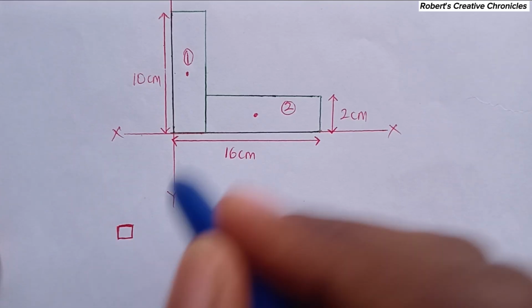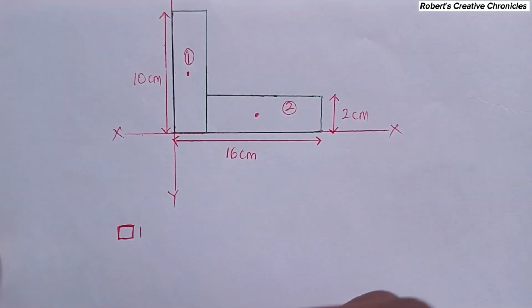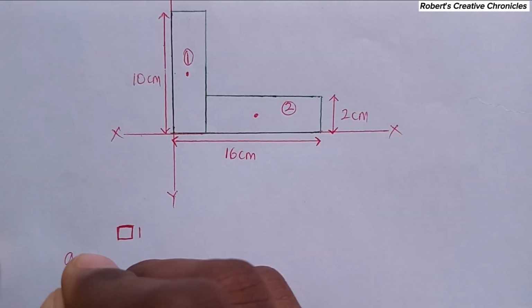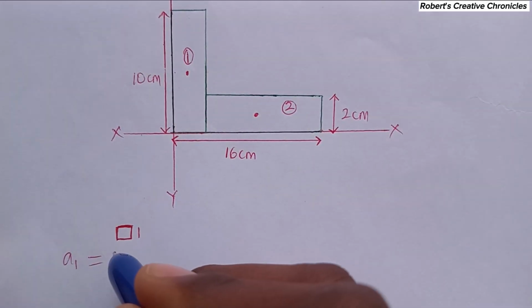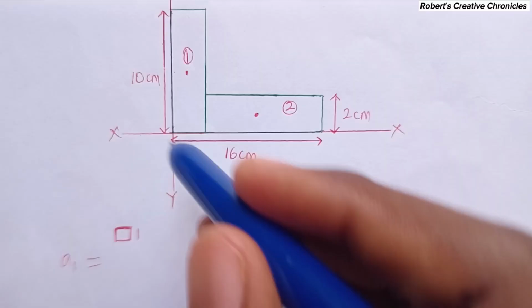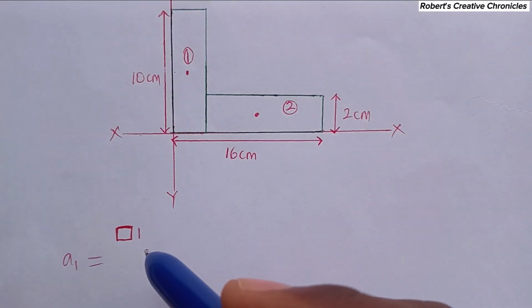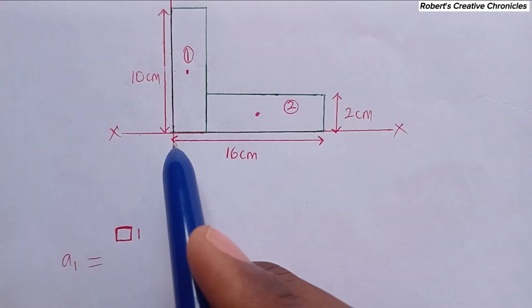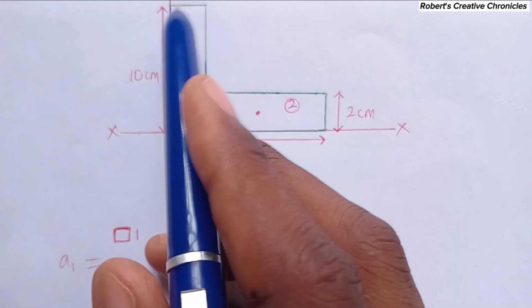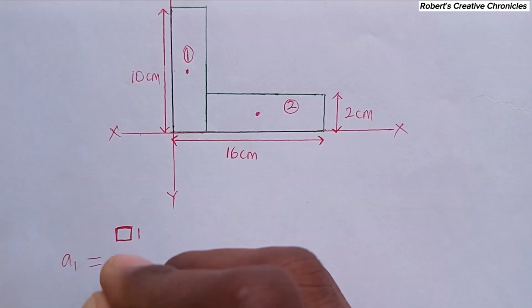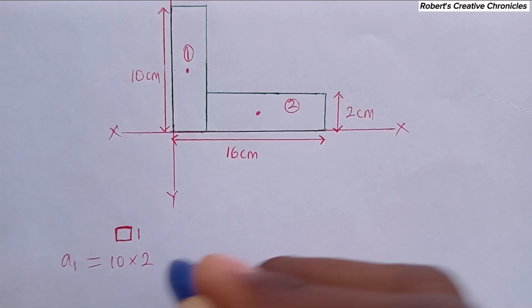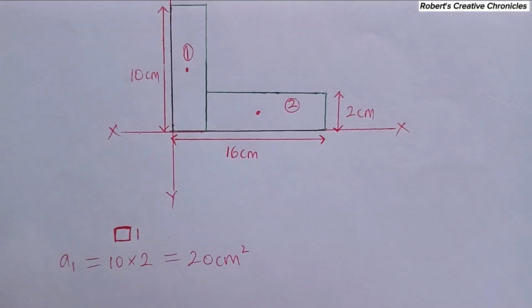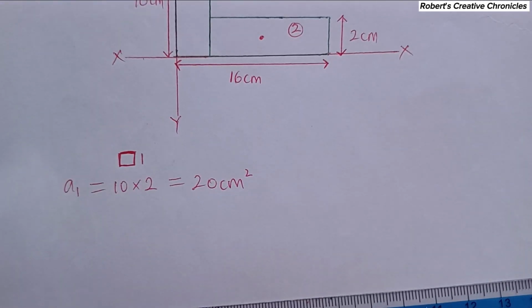From the first rectangle, we will find the area. I'll call it A1. The area of a rectangle is length times breadth, so A1 is 10 multiplied by 2, which is 20 centimeters square. This is the first area.